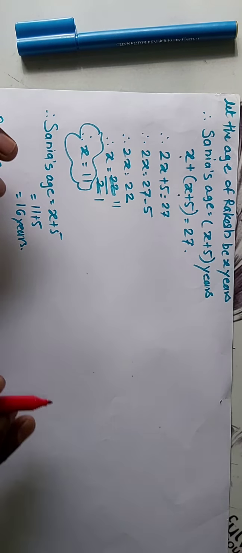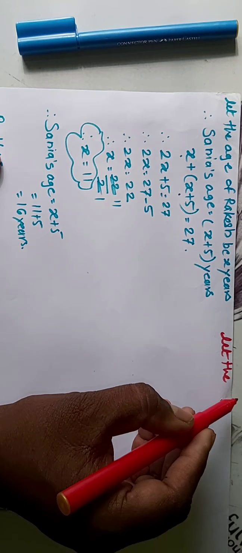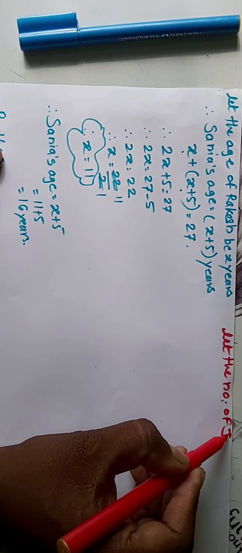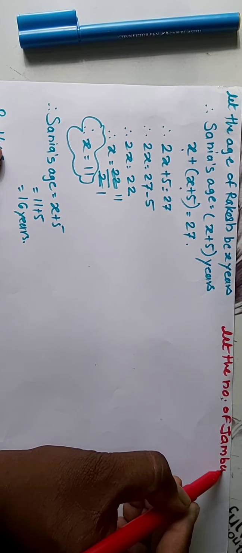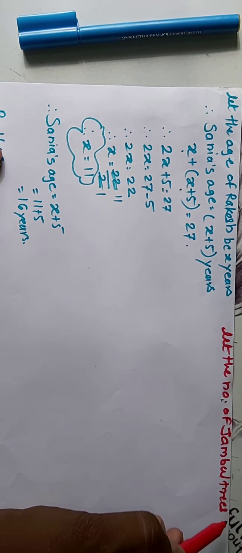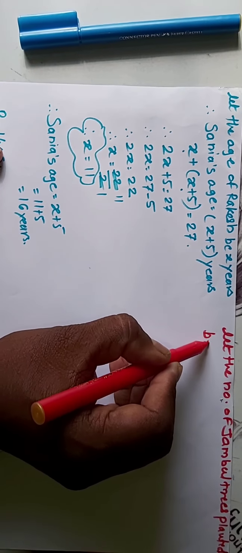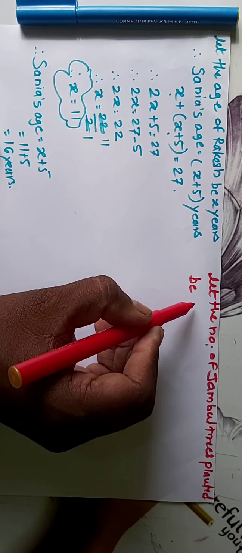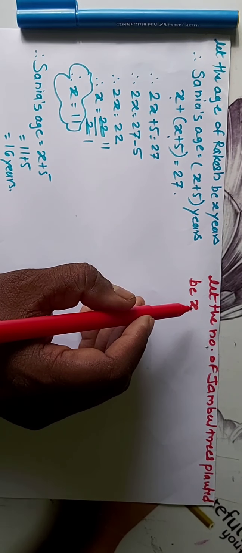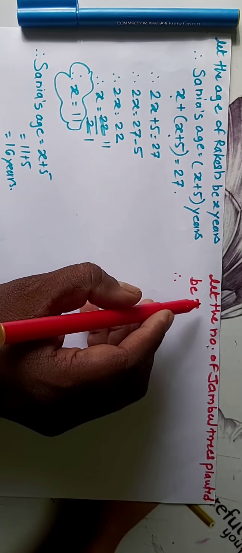So let's see here. First we'll write: let the number of jambul trees planted be x. I know you will like the jambuls, me too. Now the jambul trees are greater than the ashoka trees, which means the ashoka trees are less than the jambul trees.